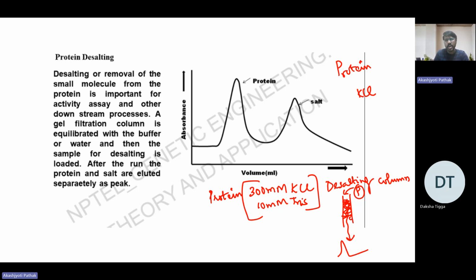You see here the salt, because it is much smaller in size, is eluting much later compared to the protein. So when you are doing a fractionation, you can collect the protein separately, and then dissolve it in your required buffer. This is an excellent example of buffer exchange also.